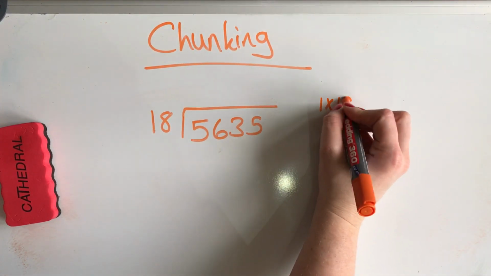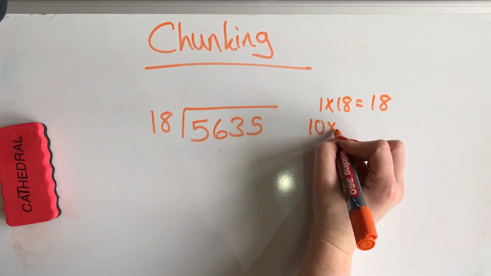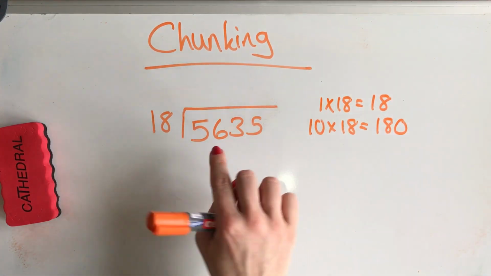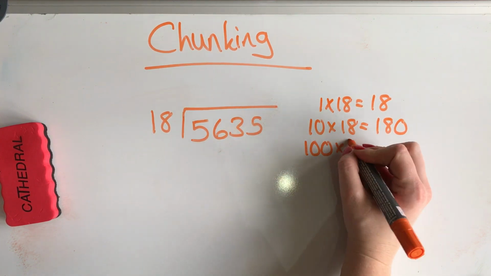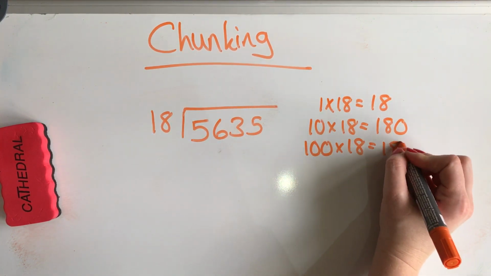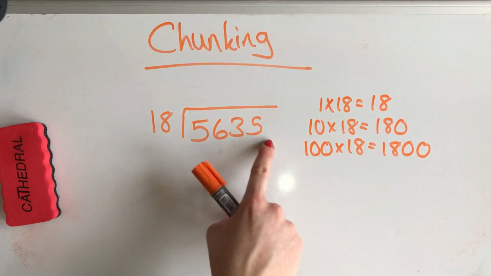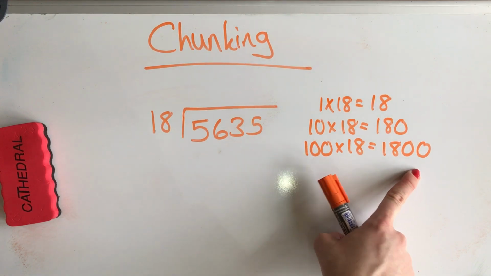So 1 times 18 is 18. 10 times 18 is 180. Now I can even fit 100 in, so 100 times 18 is going to be 1,800. Now I can't fit 1,000 lots of 18 from there, so I'm going to leave it at that.